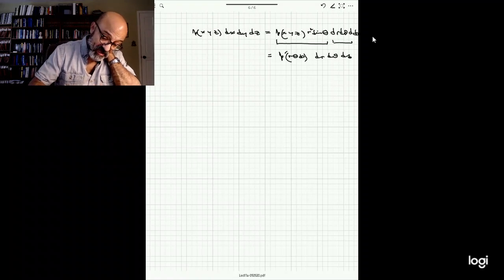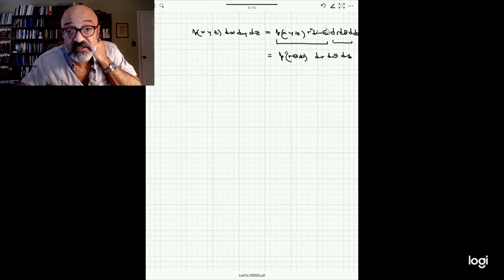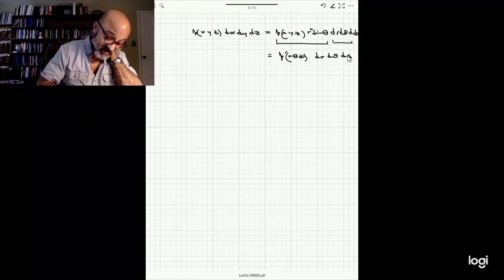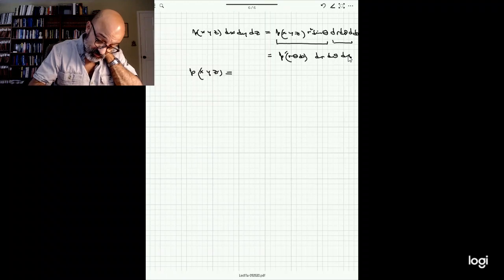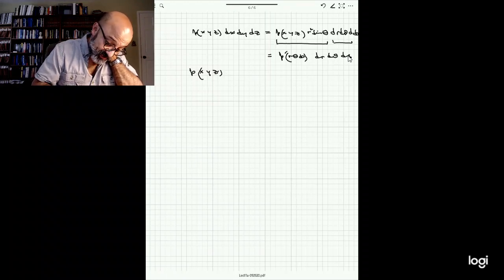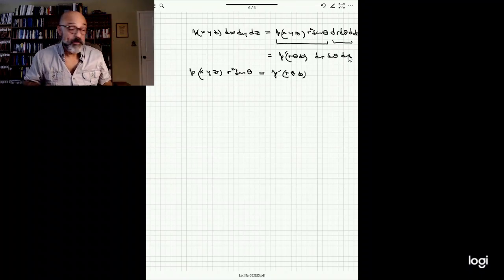So in this case, we have a clear idea of what the Jacobian is. The Jacobian is the factor here, r squared sine theta, that multiplies that. So the density in xyz, when multiplied by the Jacobian, is what gives you the density in r theta phi.